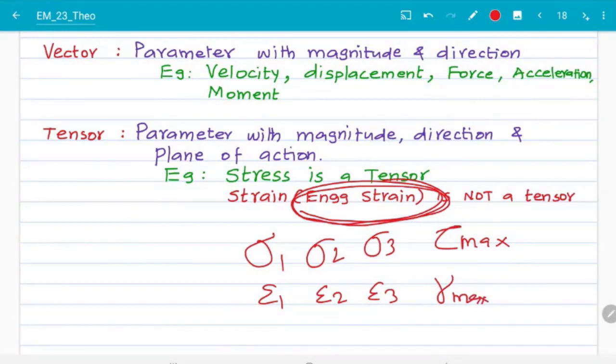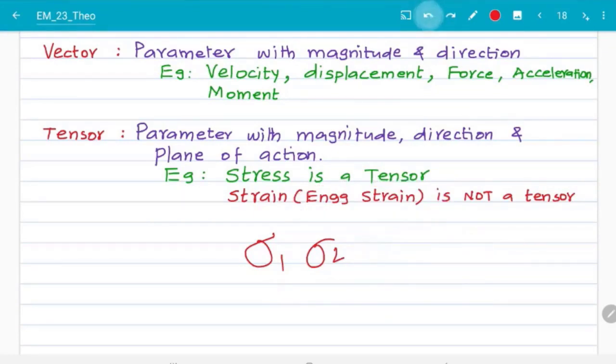That is why we say engineering strain is not a tensor. Sir, but we need to calculate maximum principal strain, minimum principal strain, maximum shear strain. Compulsorily we need. What to do?